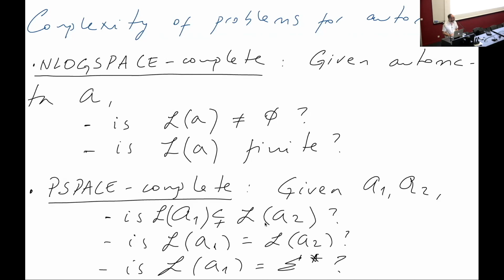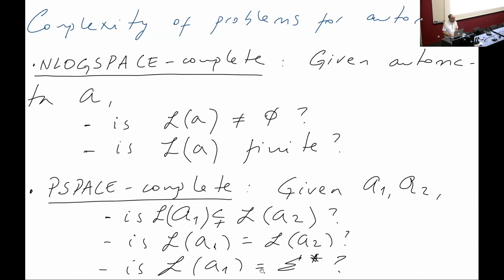It's much, much more expensive because essentially what we have to do is to complement one of these automata, and to complement an automaton, we have to determinize it first, and that incurs an exponential blowup. Similarly, checking whether two automata are equivalent, that is, whether they accept exactly the same words.